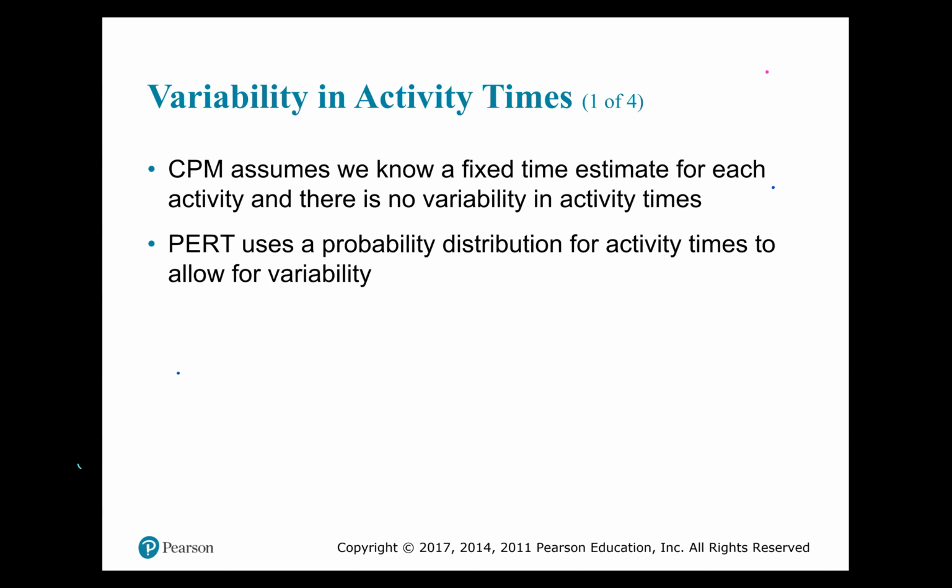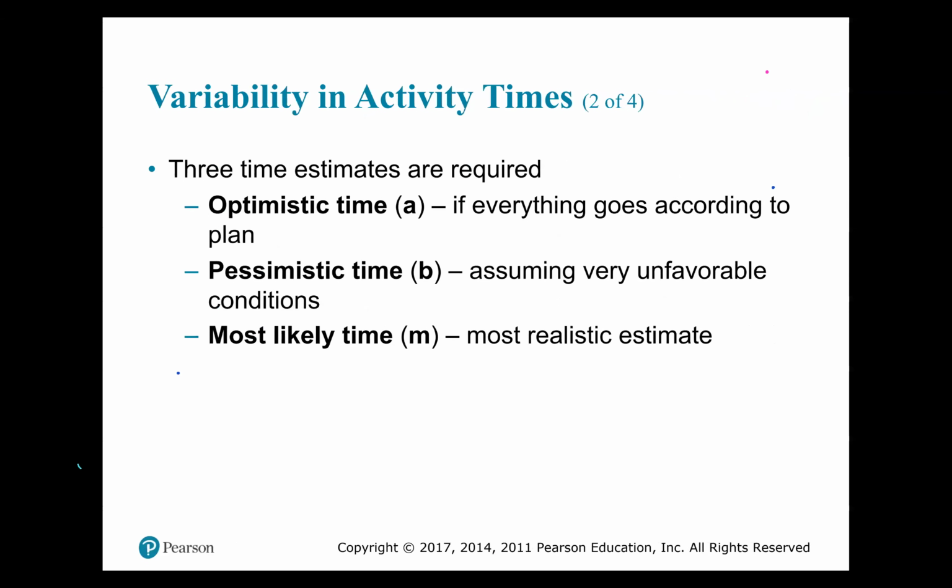They had built many tanks to hold chemicals, so they were pretty much sure how much time would be needed to construct each part of such an undertaking. So when we have variability in the times, we use a probability distribution for the activity times to allow for such variability, right?